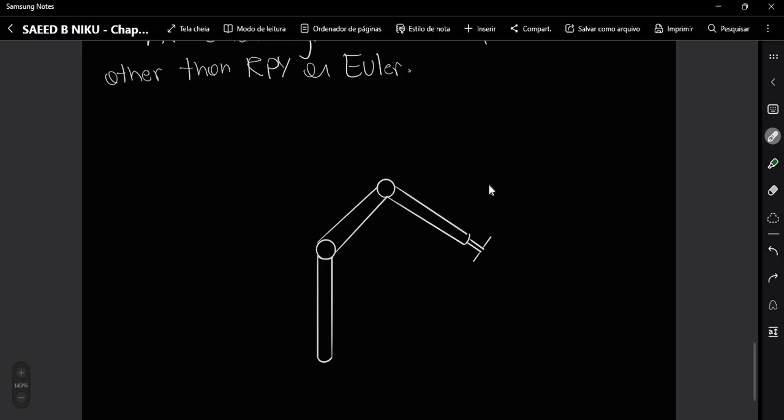It can be a hand to grab an object, it can be a camera to record something, and all this is going to depend on the task that this robot is selected to perform.